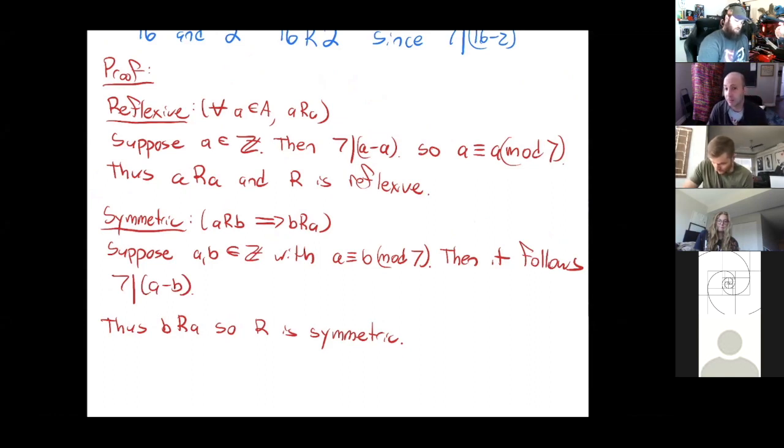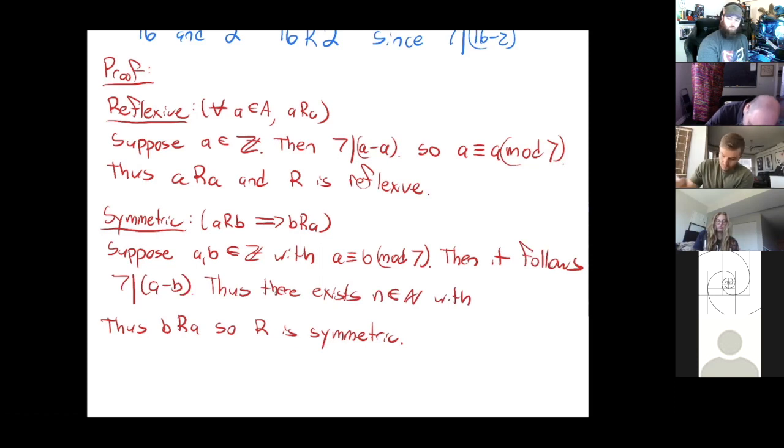So maybe here we've got a little bit more to say, since maybe it's not clear that if something divides A minus B, it should also divide B minus A. That's what we need to clear up before I say that B is related to A. So we could say something like, thus, there exists some natural number so that A minus B is equal to 7 times that number.